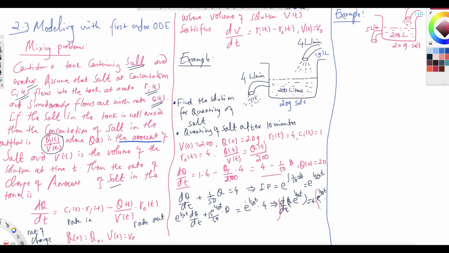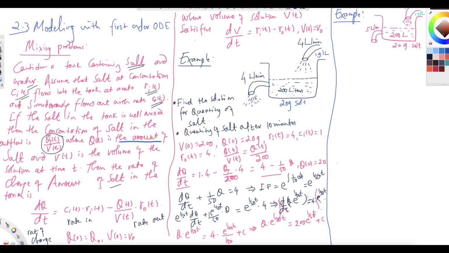So basically you will get Q times e to the 1/50 t equals 4 times the integral of e to the 1/50 t, which is e to the 1/50 t over 1/50, and then plus C. That 1/50 becomes 50 on the top, so it will be 200 e to the 1/50 t plus C.